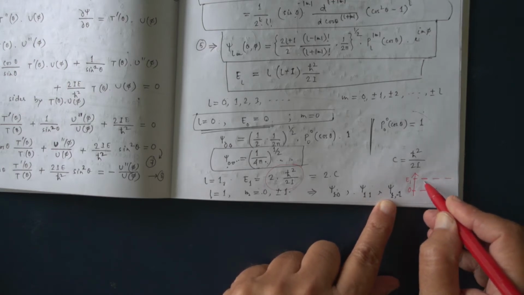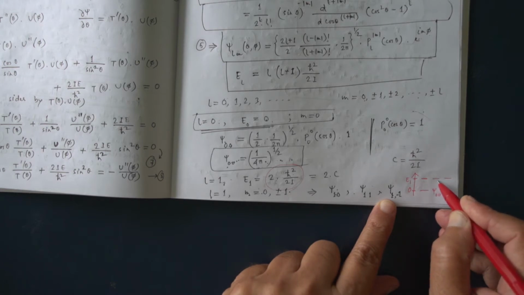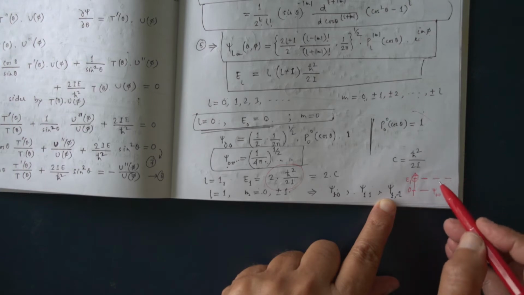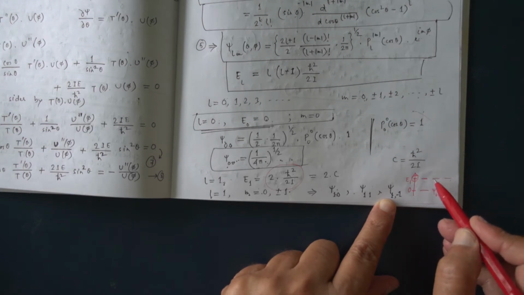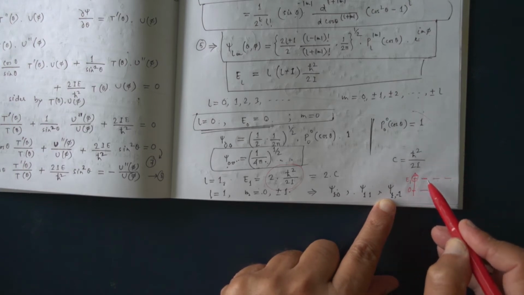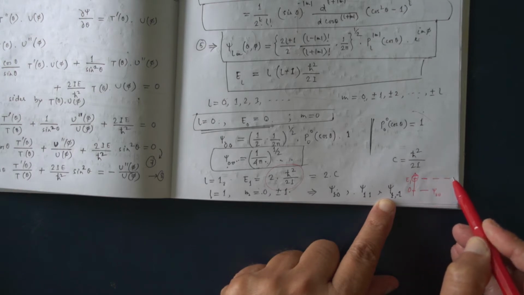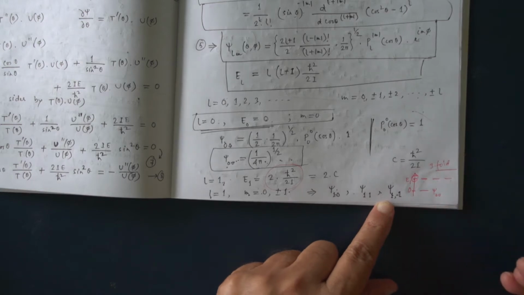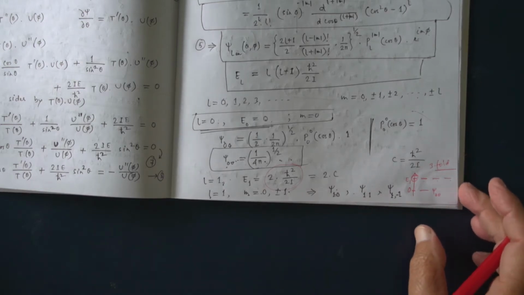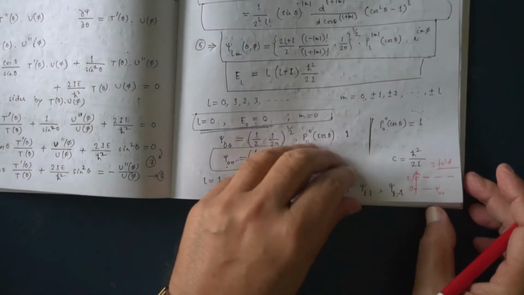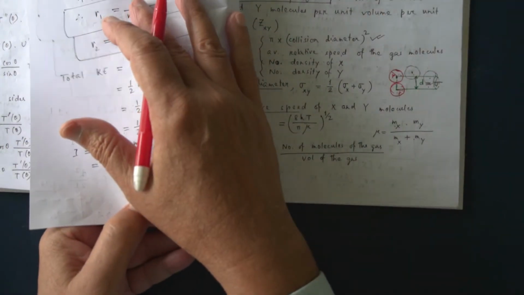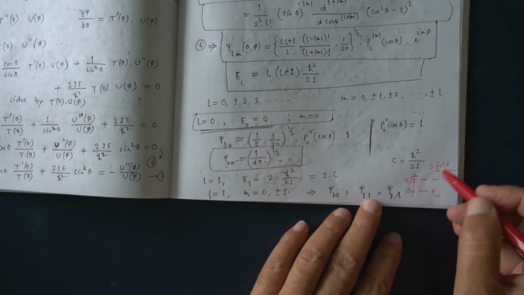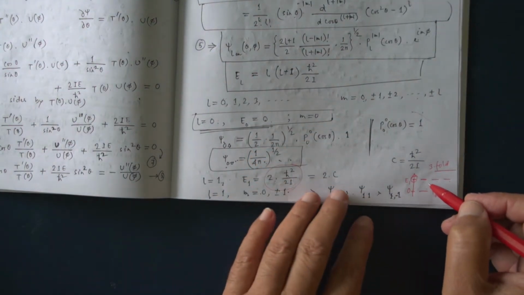So this energy level is threefold degenerate. Using these results, we can discuss what degeneracy is.